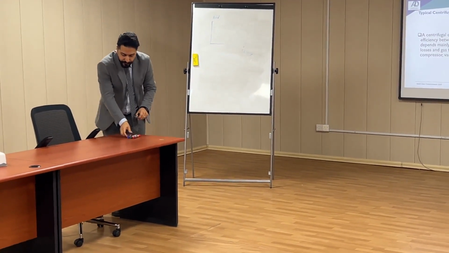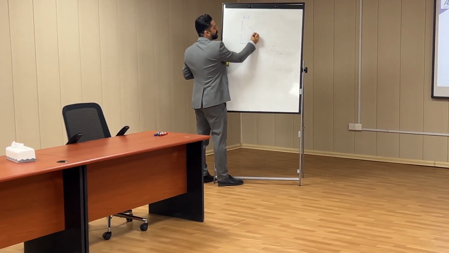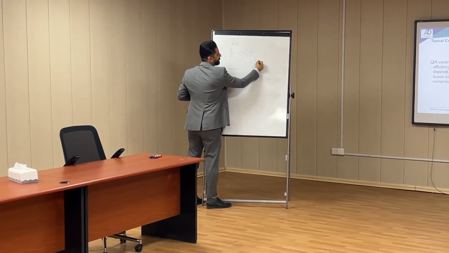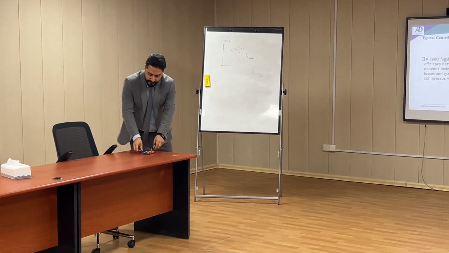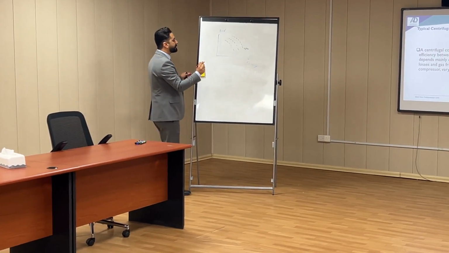And of course, we should know the RPM of the compressor. These lines are for different RPM.